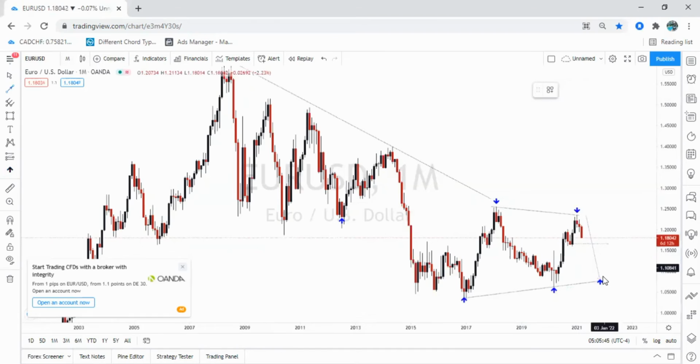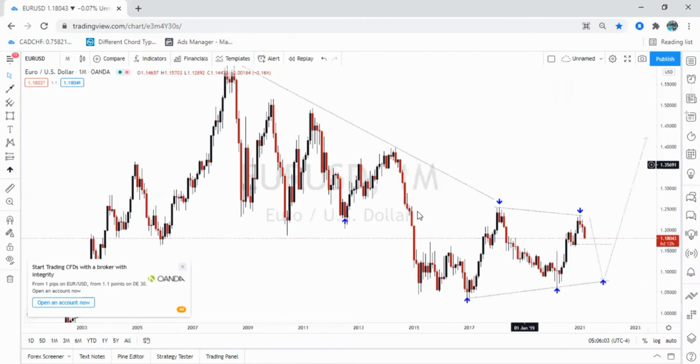Right? And suppose you know your patterns. This is an expanding, what, I don't know. So yeah, let's say this is your bias from the higher time frame. So the same principle applies. You get your bias from the higher time frame, and now you have to go to the lower time frame and figure out how this bias now fits in and how you can then jump onto this trade.